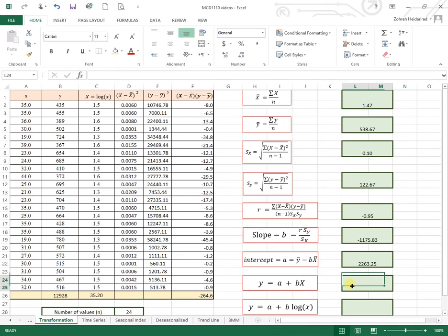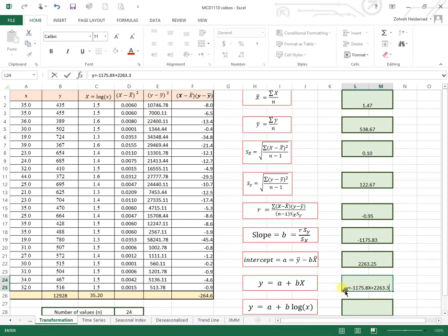So the equation of the line is this: y equals to negative 1175.8 x, capital X actually, plus a is 2263.3, just round it to 1 decimal point and show it here. So I have this equation.